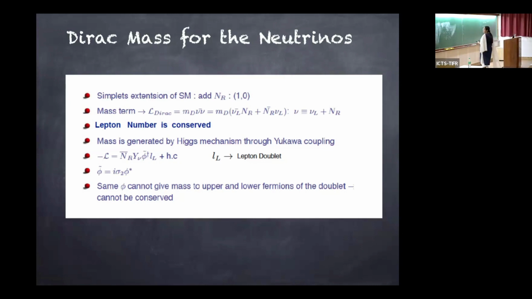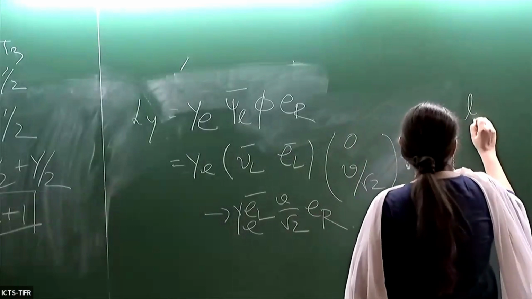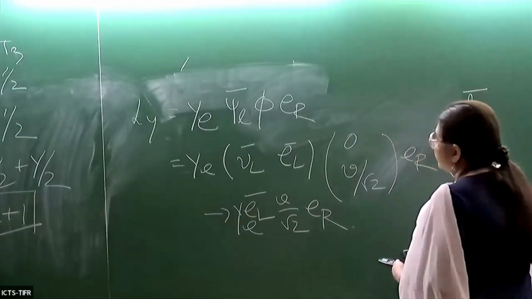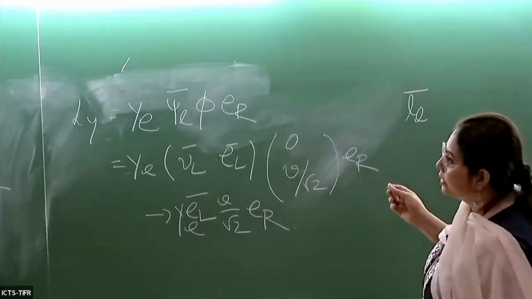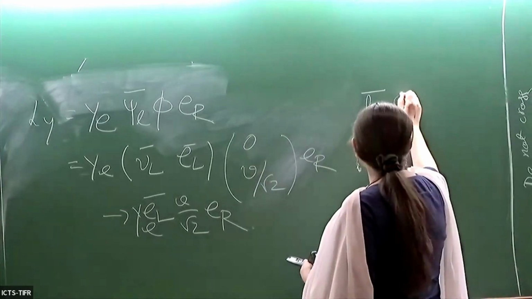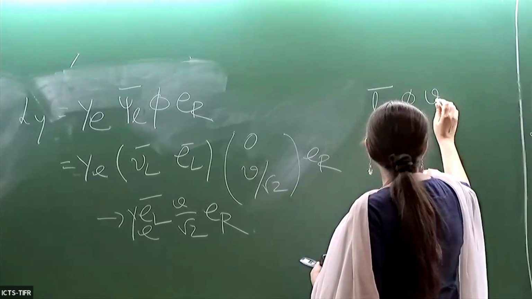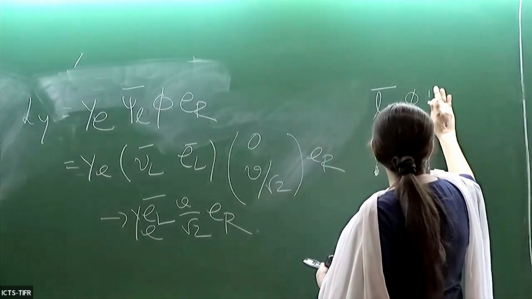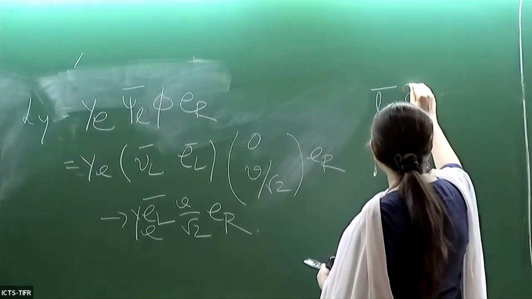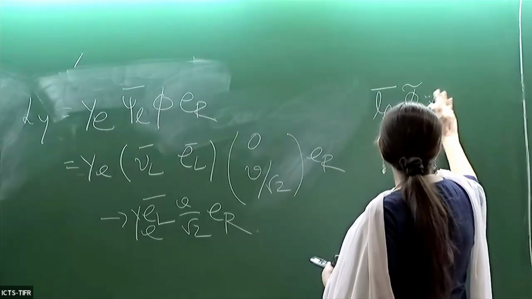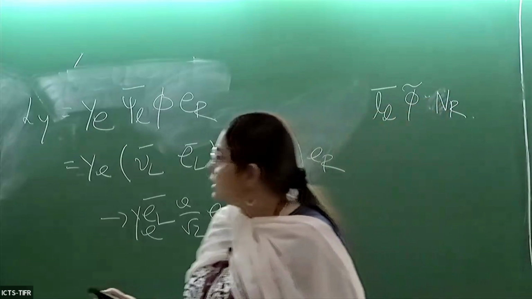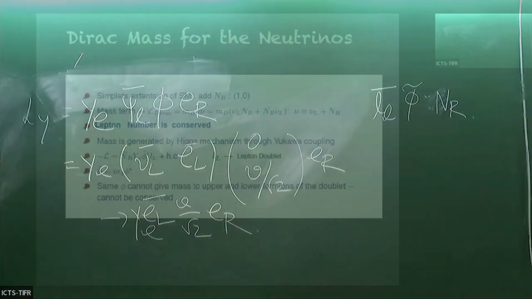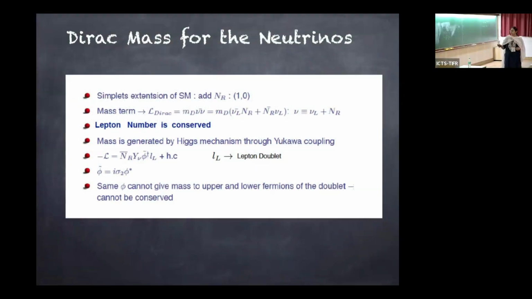If I write the Hermitian conjugate term, I can write this in the same way: LL bar, or psi L bar, whatever I call it, then phi tilde and NR. Now you have to see that I am using phi tilde, which is i sigma 2 phi star.